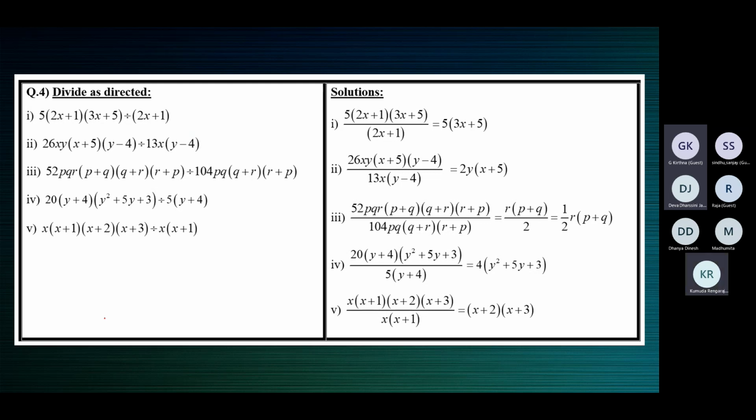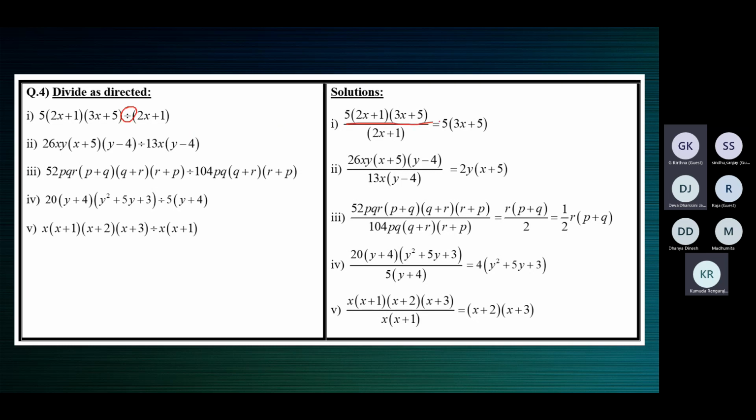Please go through the first one, children. I hope I've been telling this from the beginning that this division sign is what we are writing like this, divided by.